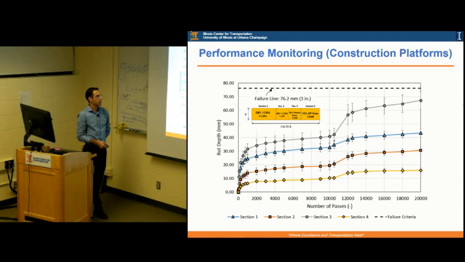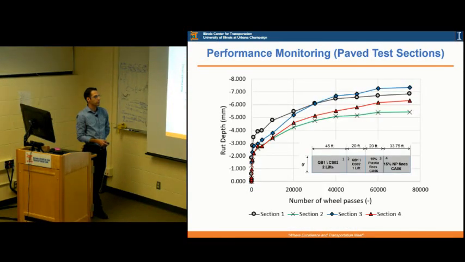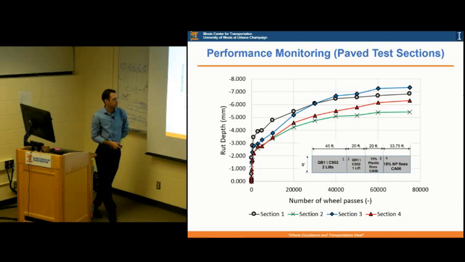Yes, so in the case of the construction platforms, the best performing section was section 4, and the second best performing was section 2. In the paved sections, these two were quite similar to each other, but section 2 was performing a little bit better than section 4. The reason is not fully known now, but it could be the thickness of the asphalt, because the thickness might have varied a little between these two sections, so that might have contributed to one section rutting less than the other.